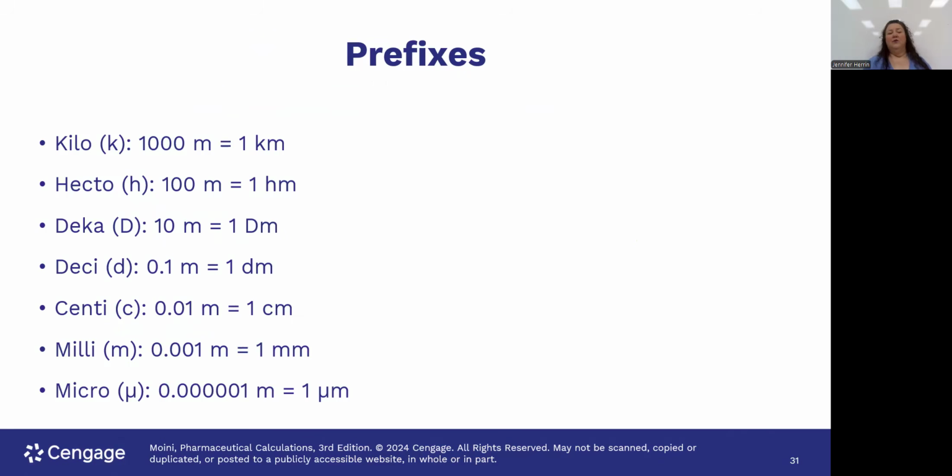So here's another way to look at those prefixes. Again, kilo is 1,000. They're giving you an example here of 1,000 meters is equal to 1 kilometer.